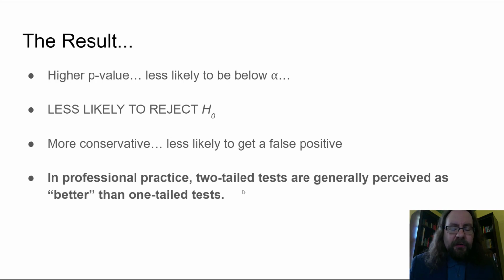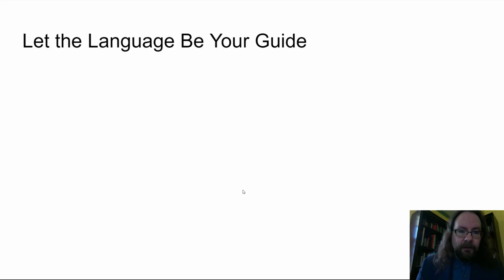But when you read professional statistical papers, very few actually use one-tailed tests. They usually use two-tailed for these reasons: an appearance of less bias in the construction of the test and the lower likelihood of rejecting the null hypothesis and getting a false positive. Because you have to have a lower p-value before you double it in order to make sure it's going to be less than your alpha.